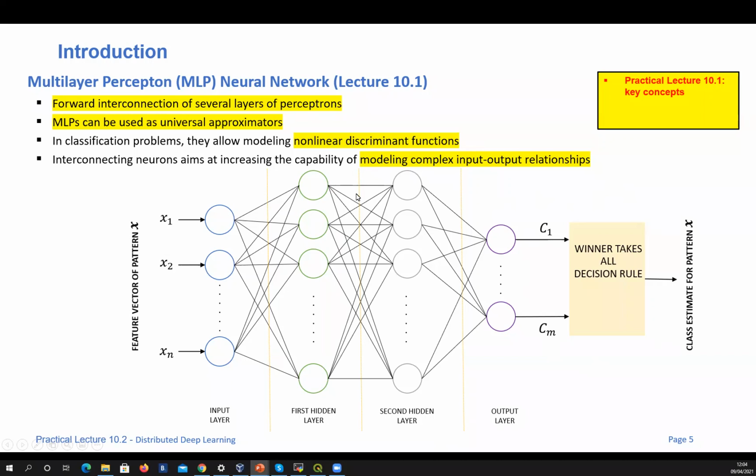An important thing about deep learning models, which explains why they are so widely used now, is that by modeling using nonlinear functions, they can in principle approximate any kind of function. So they are called universal approximators, and this is a very central concept.